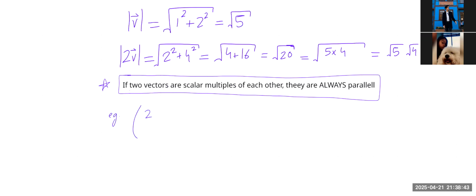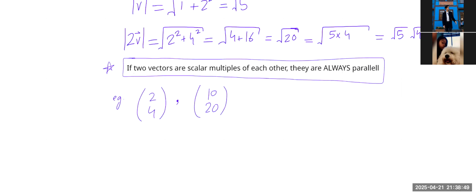Are these two vectors parallel to each other? What should you do? Are they parallel? Factorize both of them. What's the biggest common factor I can take out of 2, 4? 2. What's left inside? 1 and 2.